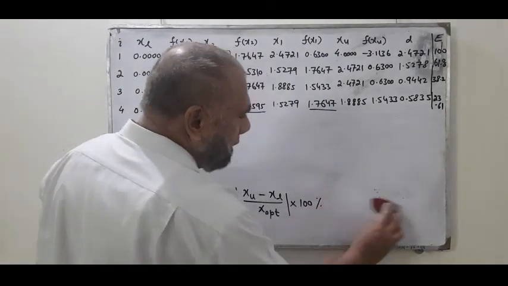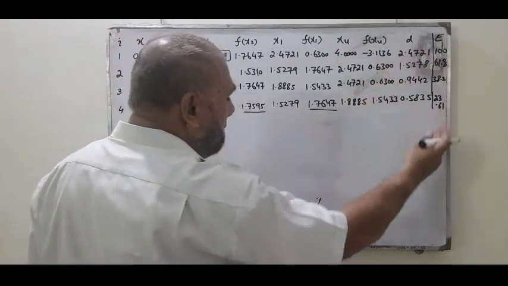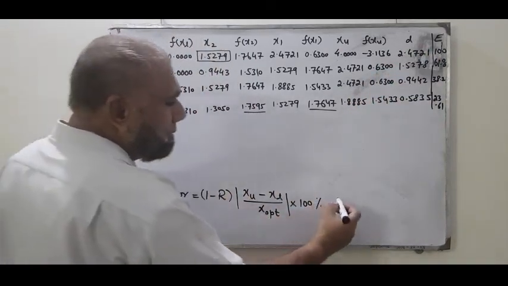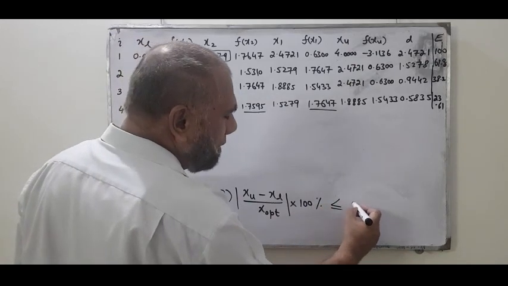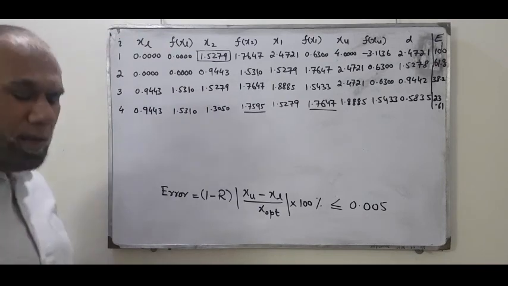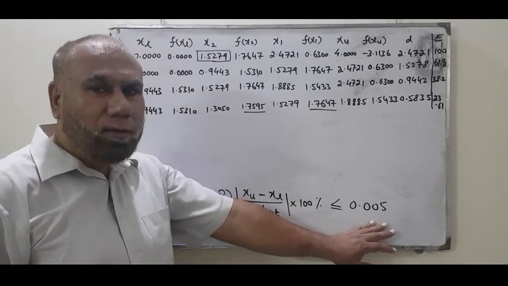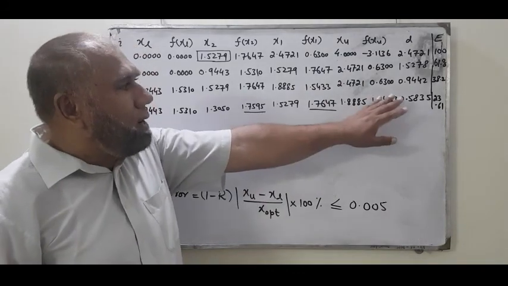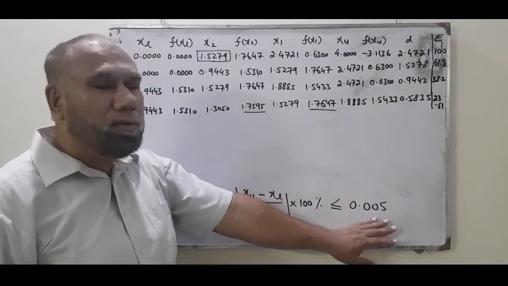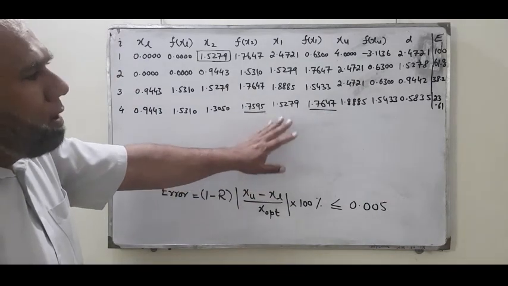Generally, we put a tolerance, and in the case of the error, we say when the error is less than or equal to a particular number, say 0.005. This is the boundary we are putting as the tolerance. Whenever our error value gets equal to this number or less than this number, then we can stop.